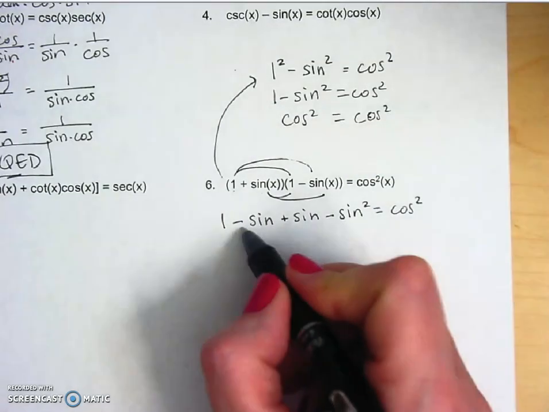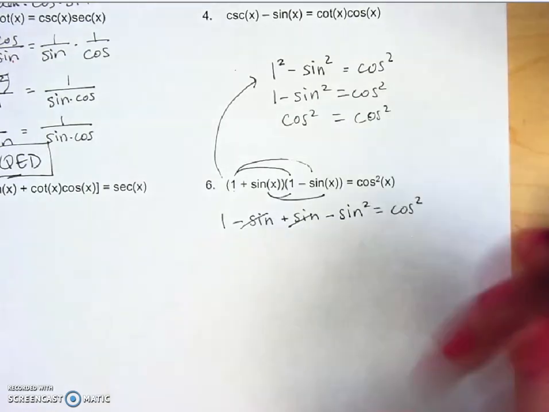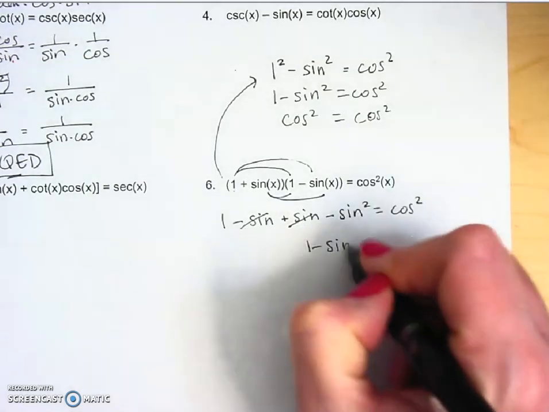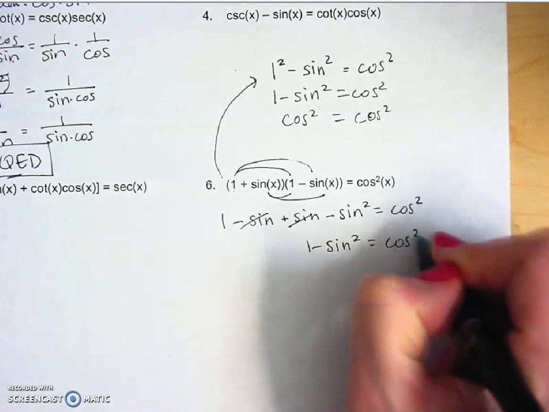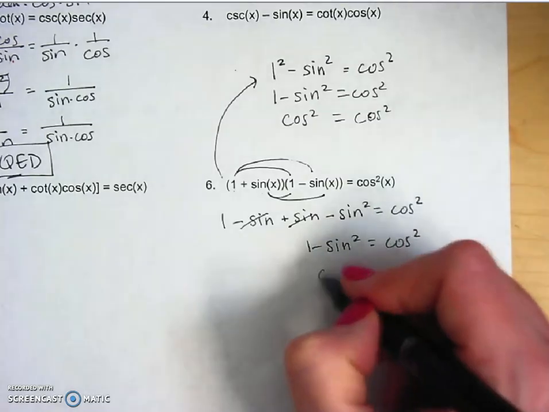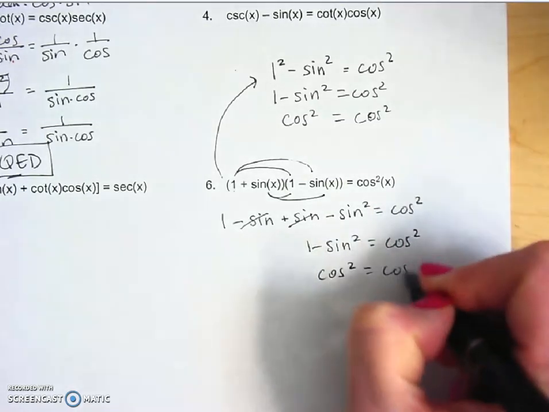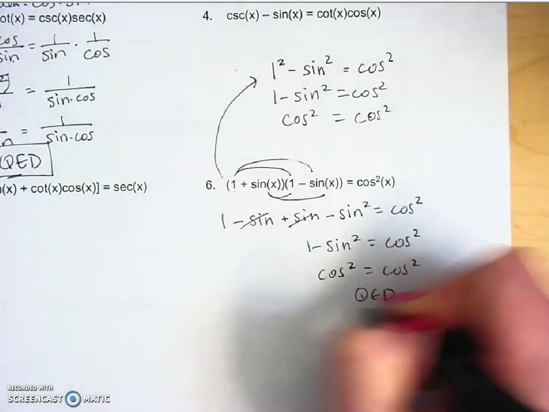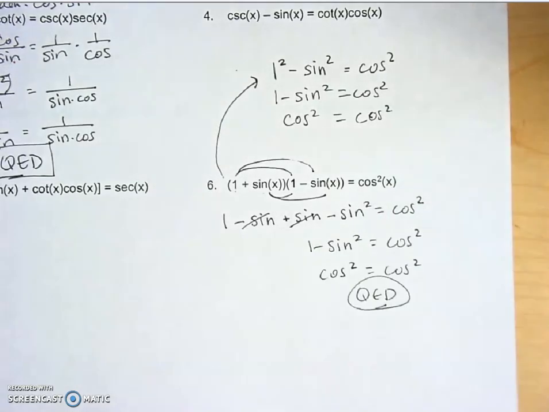Those signs in the middle cancel because they have opposite signs, and 1 minus sine squared does in fact equal cosine squared.